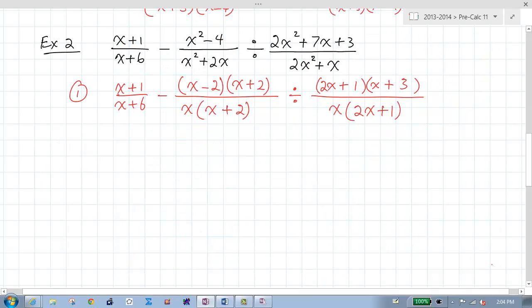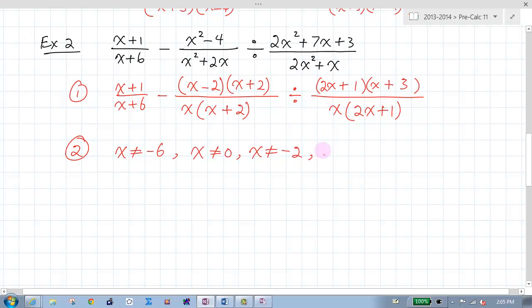Okay, so to state the non-permissible, so this is our step 2. For the first rational expression that we have, x cannot be equal to negative 6, otherwise x plus 6 becomes 0. For the second rational expression, x cannot be equal to 0, x cannot be equal to negative 2.